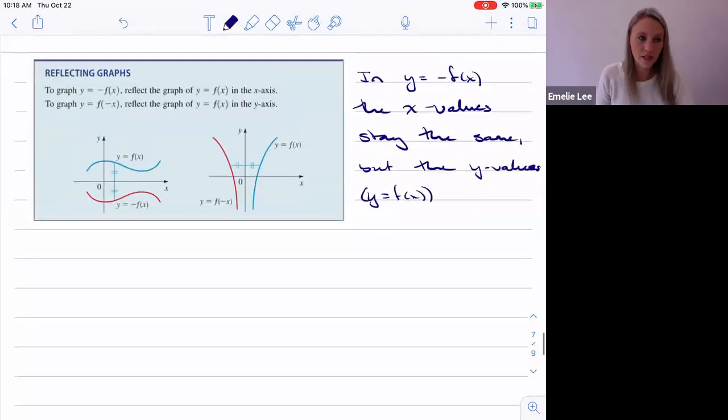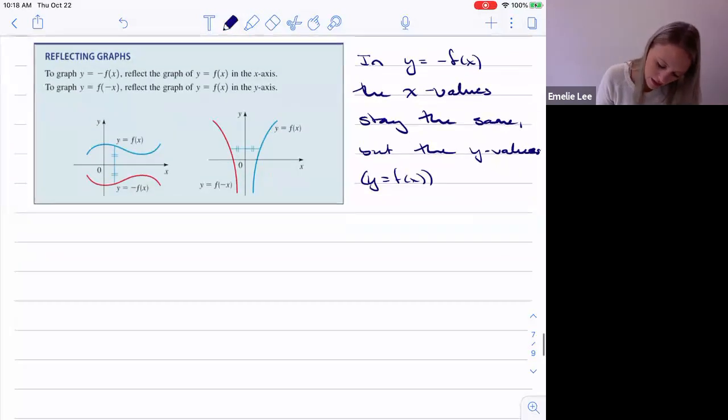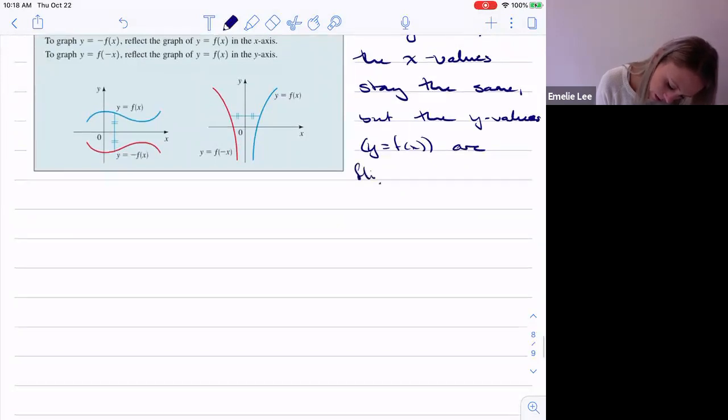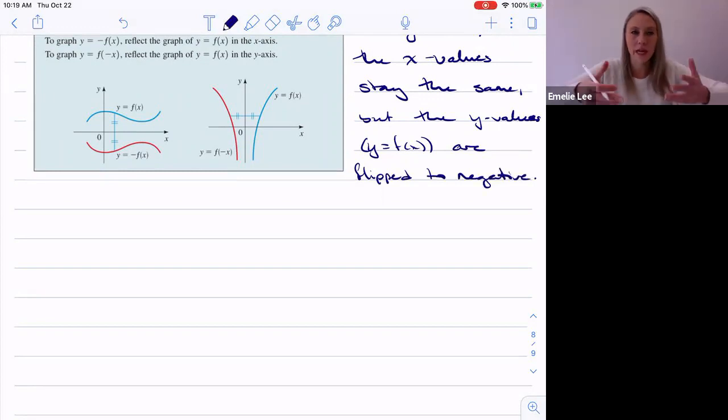So if you've got negative f of x, then your y values are flipped to negative, and that happens around the x-axis.